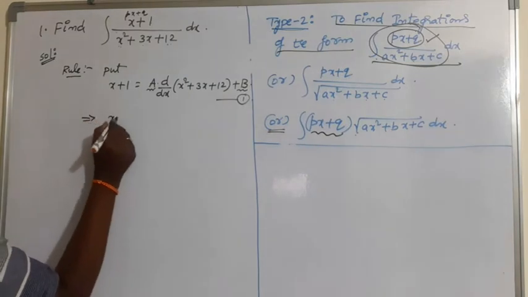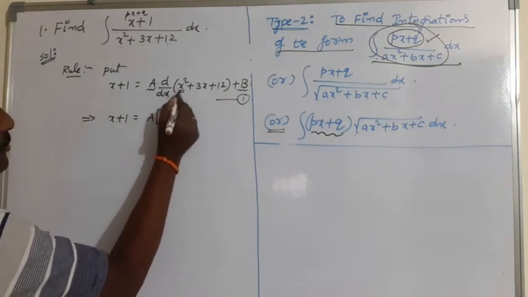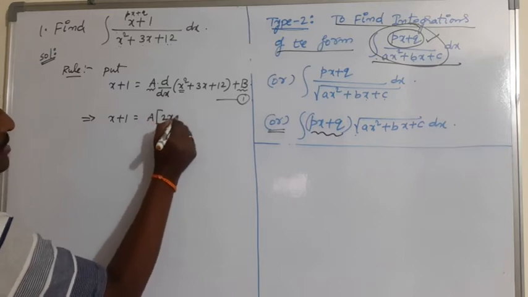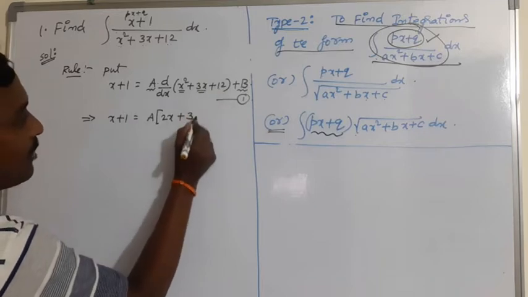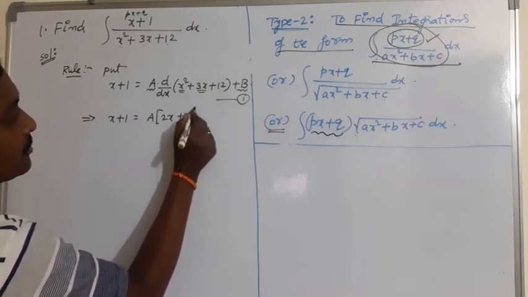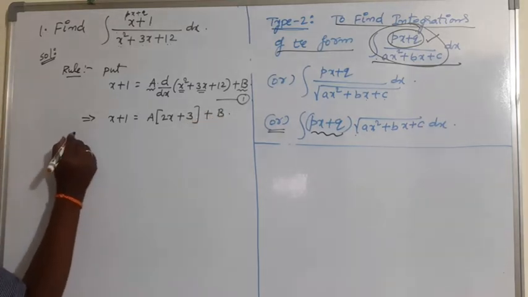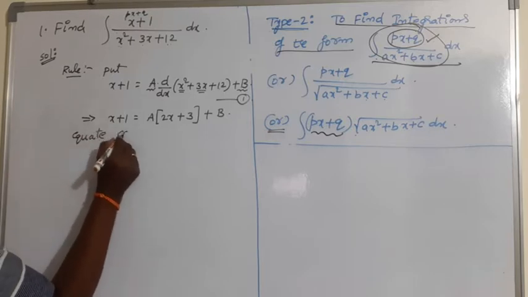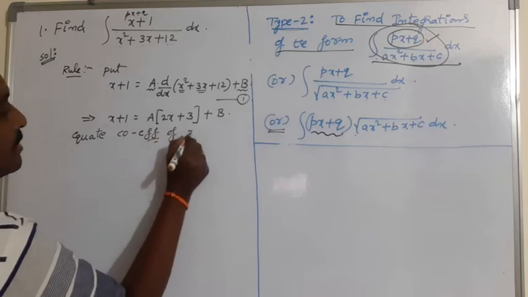So this can be written as x plus 1 is equal to capital A into, what is the derivative of x square? 2x. Derivative of 3x is 3. And the derivative of 12 is a constant, it is not necessary to write plus 0. Plus B. So, equate the coefficient of x on both sides.